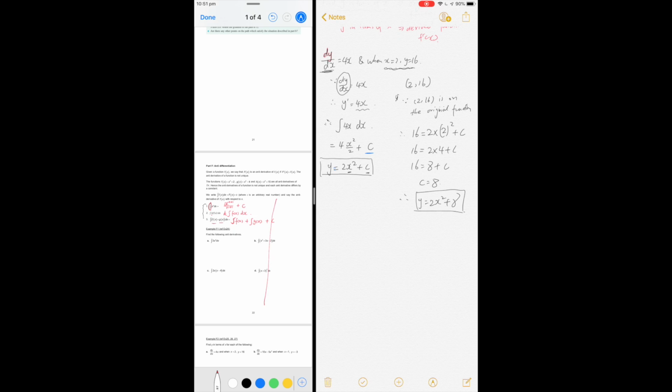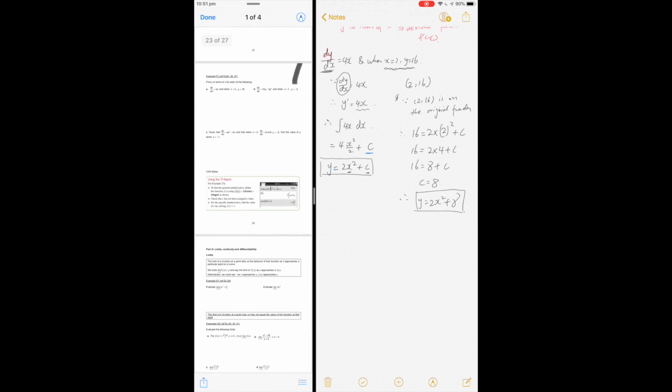Now let's do C. Given that dy by dx is equal to kx cubed minus 4x, and that when x is equal to 2, dy by dx is equal to a, and y equal to negative 2.